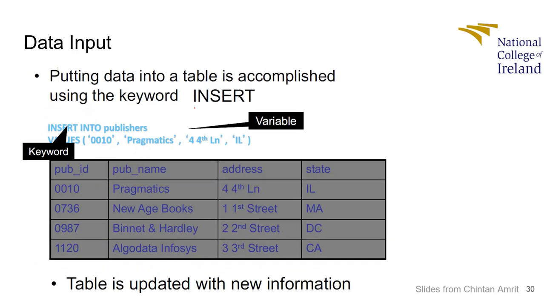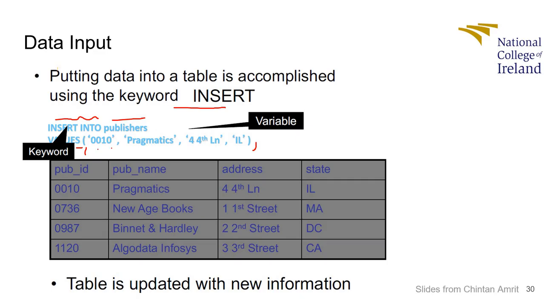And we can use the keyword INSERT to put data in the table. We use INSERT INTO the table we want to insert into, publishers, and then the specific values in parentheses. So here we're going to add a new row into this publishers table.